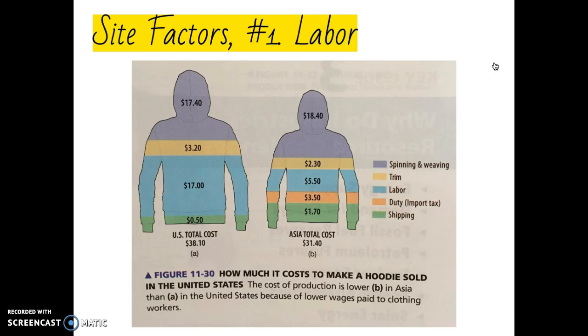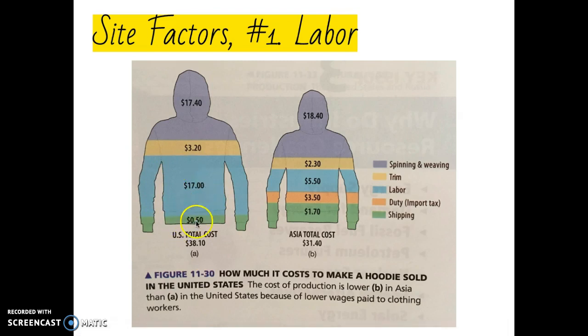Here's another way to think about it. If you look at this, how much it costs to make a hoodie that is sold in the United States. Okay, so figure A is in the United States and figure B is in Asia. And as you can see, costs are very similar in spinning and weaving, trimming, and shipping, right? However, you can see that there is a duty or an import tax on that Asian hoodie, but this gigantic portion of the cost of the hoodie in the United States is spent on labor.